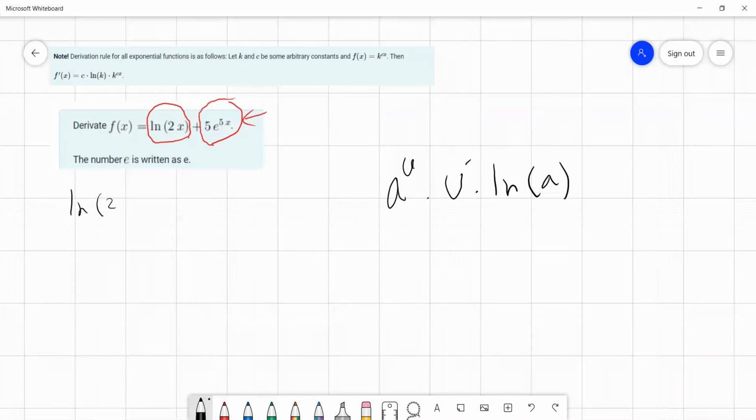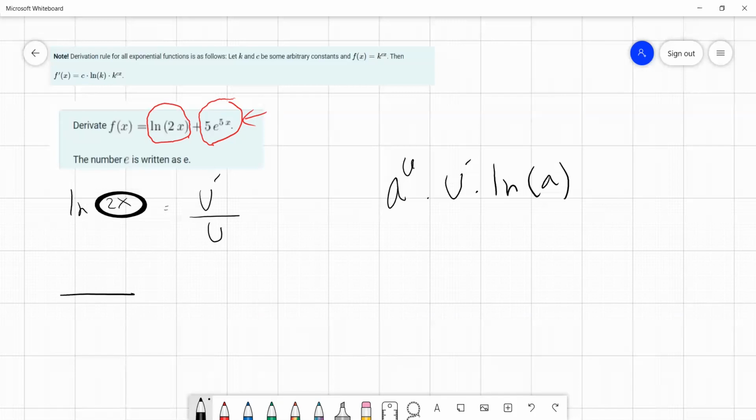So ln 2x, what will be the derivative of it? The derivative of ln u is just u prime divided by u. And what is u? u is whatever is inside the ln.